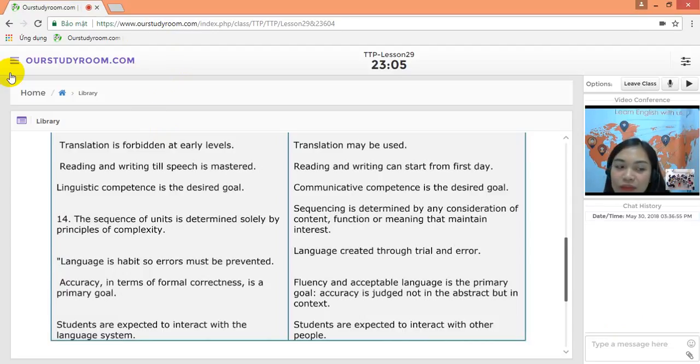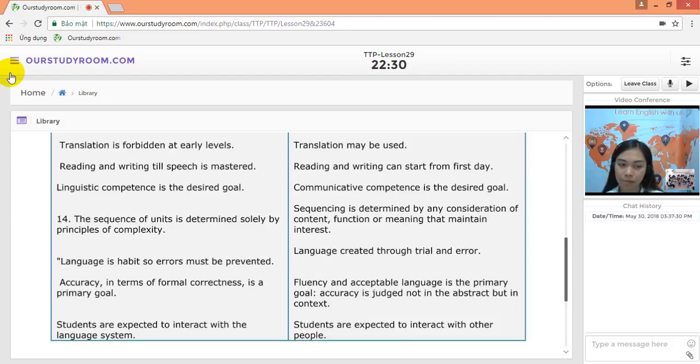Attend to structure and form more than meaning. Meaning is paramount. Demand memorization, memory-based foundation of structure-based dialogue. That means items are not contextually delivered.